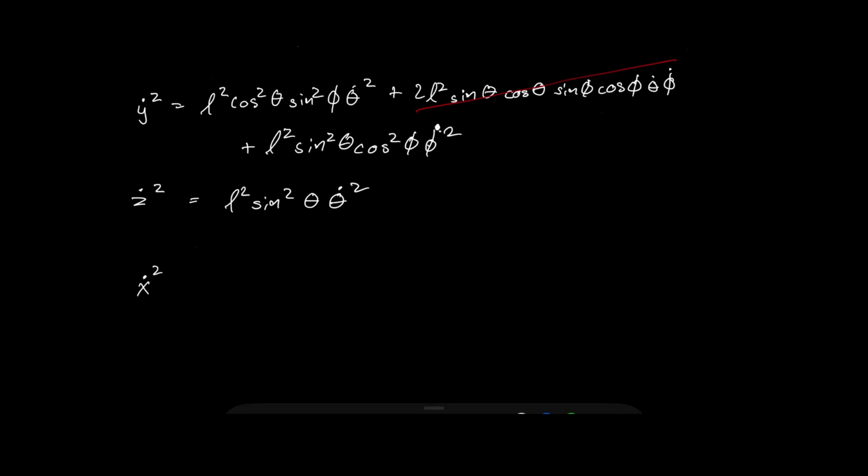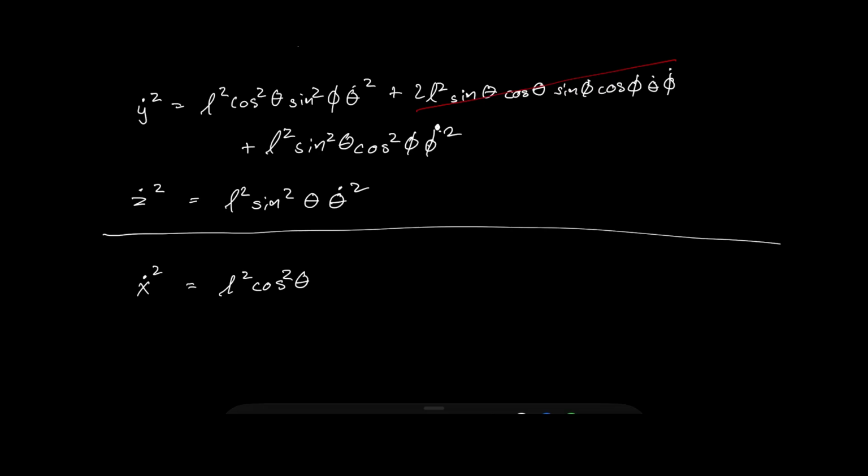So let's just rewrite it really quick. So we have x dot squared equals L squared cosine squared theta cosine squared phi theta dot squared plus, oh, I put theta phi, that's not right.